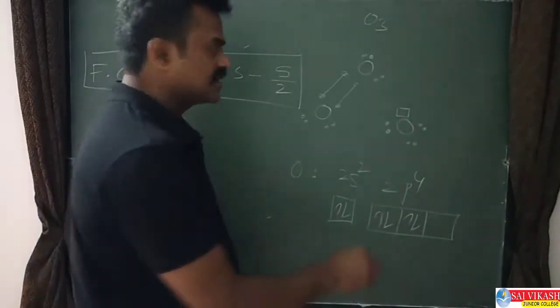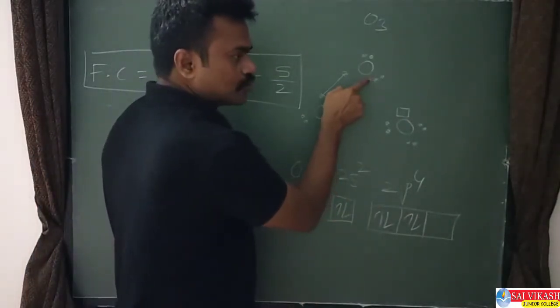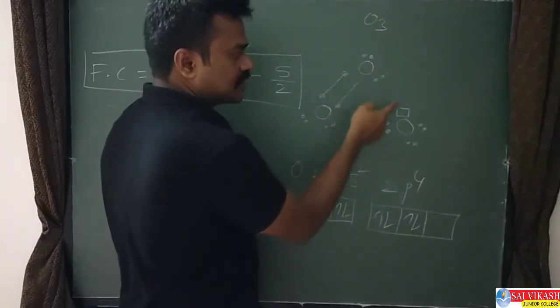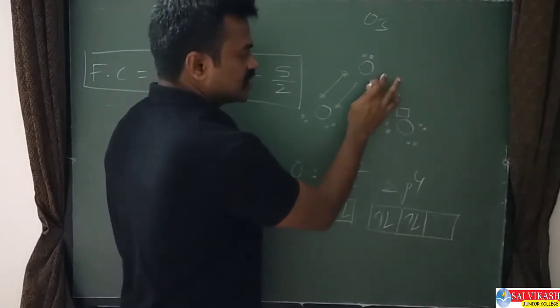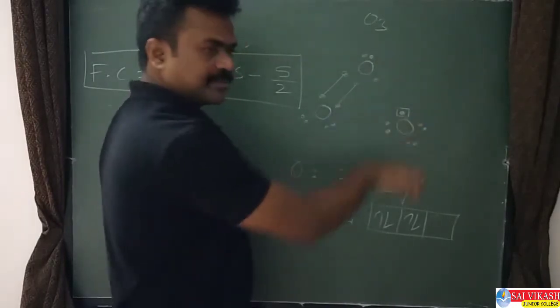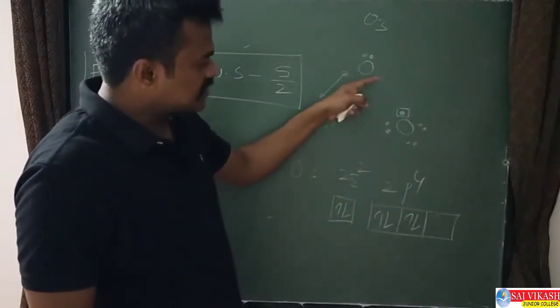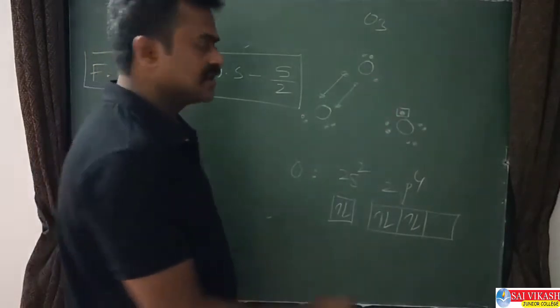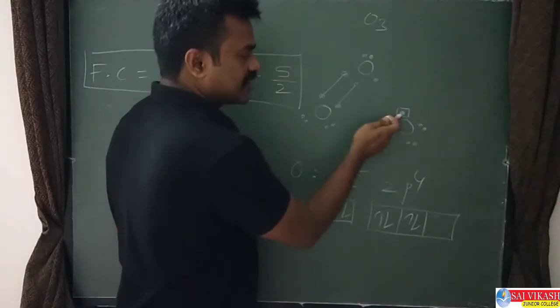Then what happens? One lone pair of electrons of the oxygen will shift from here to the empty orbital here. You see this, one electron will jump into this. It is jumped. One electron is coming from here to here, completely lodged into this oxygen. Now there is a bond pair.